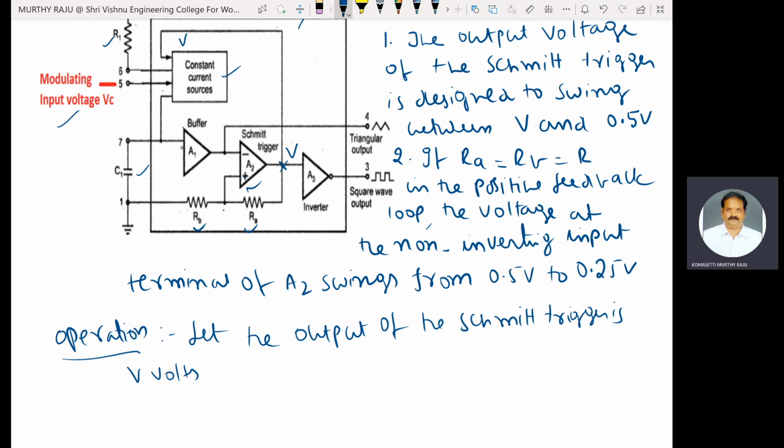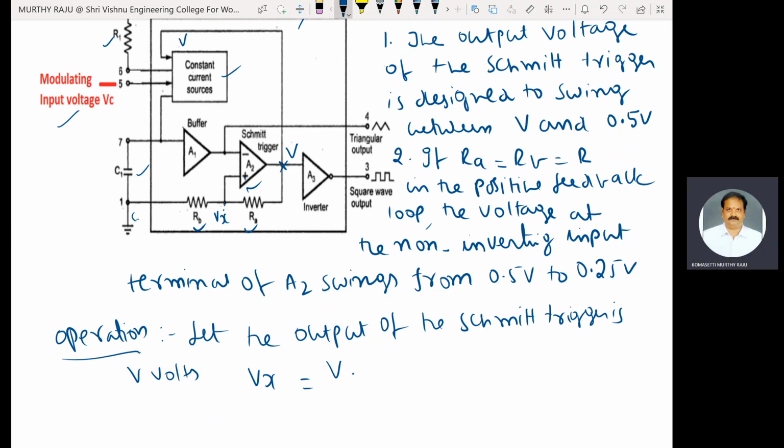In the feedback loop, let the voltage at the non-inverting terminal of A2 be Vx. Find Vx.